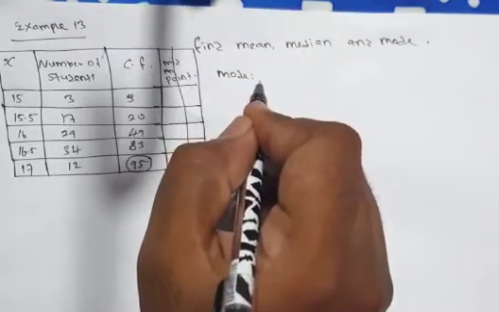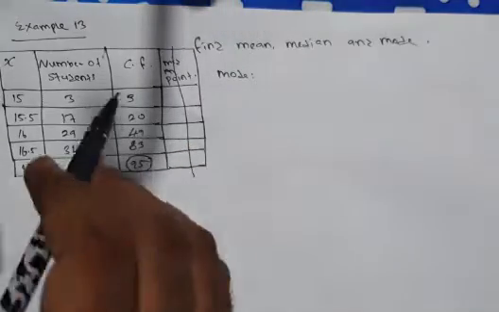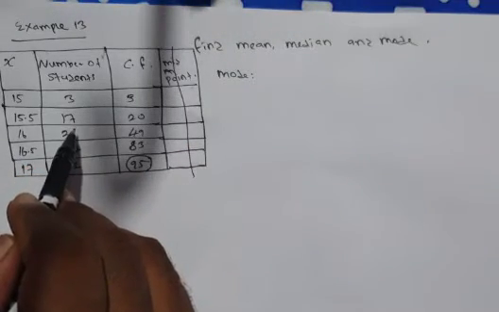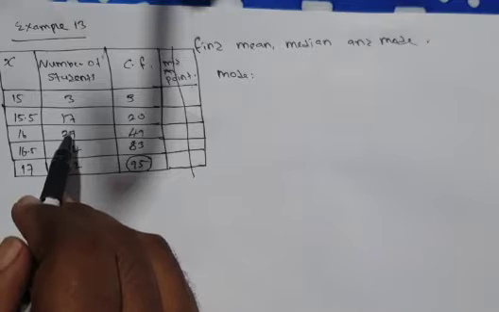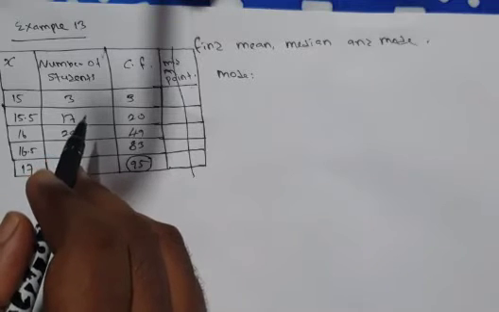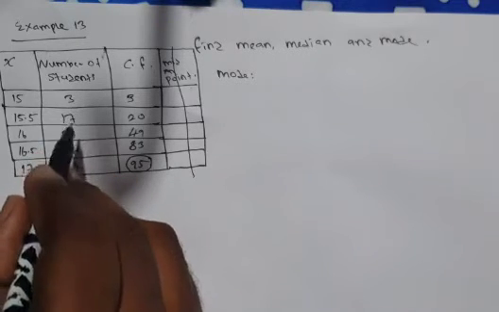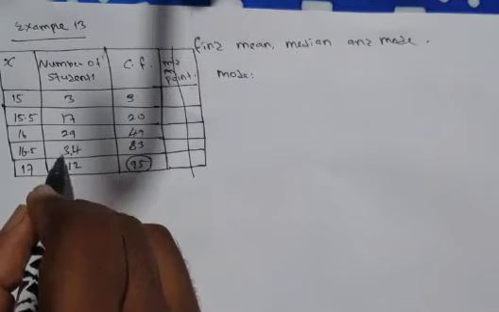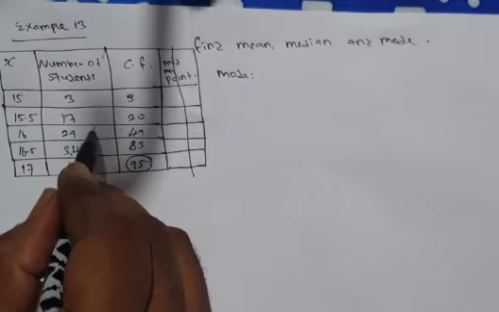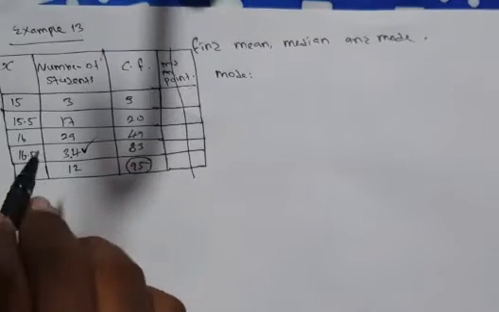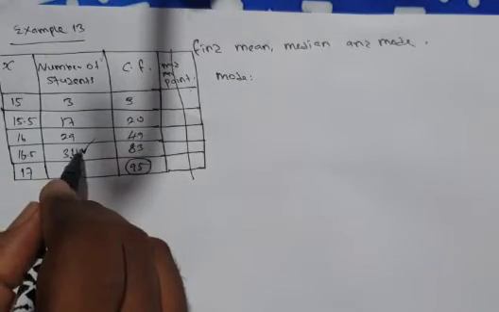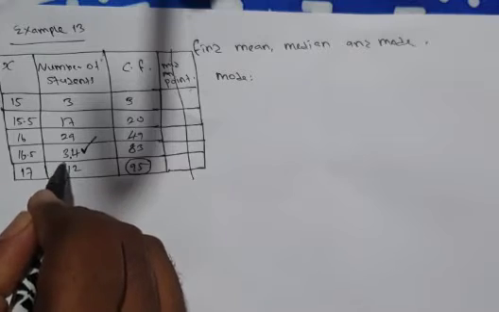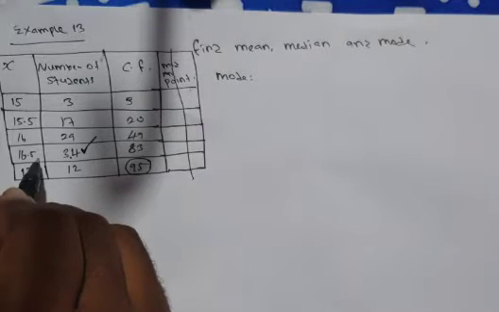So when we find mode, we have to see the frequency which occurs most commonly. When we look at the frequencies, the highest frequency for one row is 34, right? The X value next to it is 16.5.